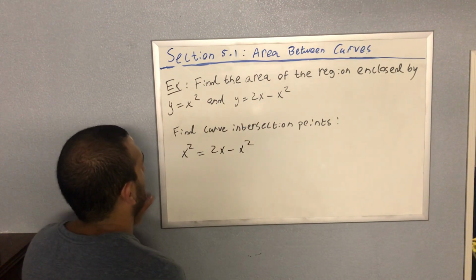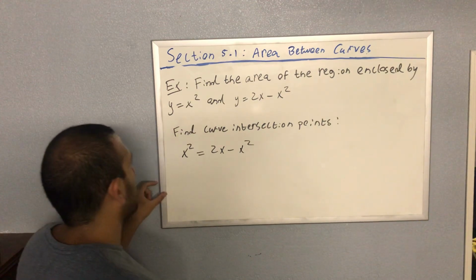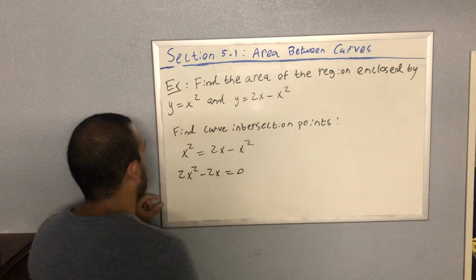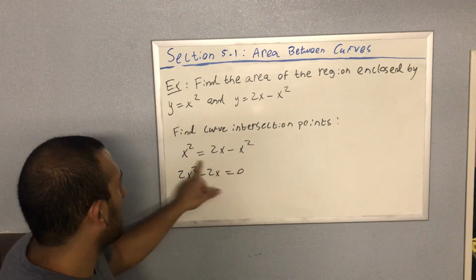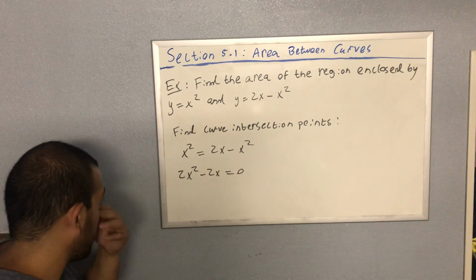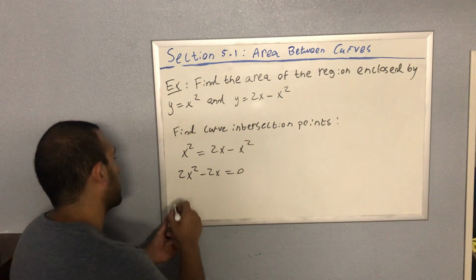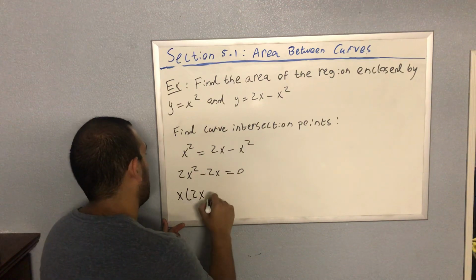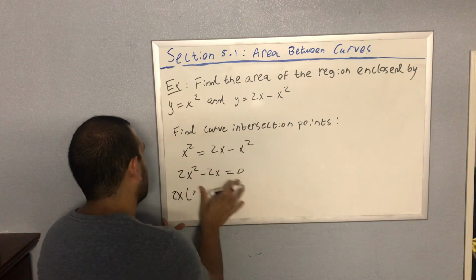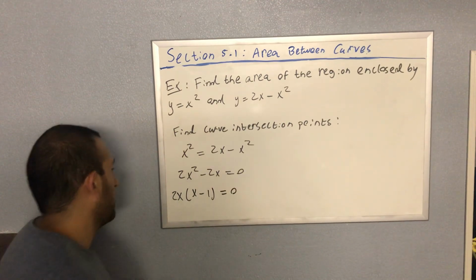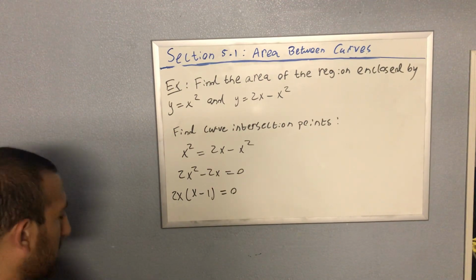Now if we do some algebra, this is the same thing as 2x squared minus 2x equals 0. Right, add the x squared and then subtract the 2x. Now we can pull out, actually you can pull out a 2x, so we're just left with this. Okay, so what does this tell us?